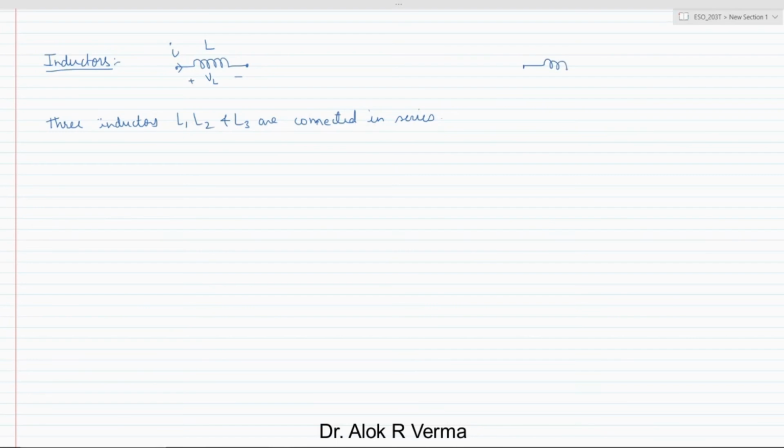So we have L1, then we have L2, and then we have L3, and these are connected in series, and the voltage applied is V, current is I. So here you see the voltage across these will be VL1, then VL2, then VL3. VL1 is L1 di by dt.